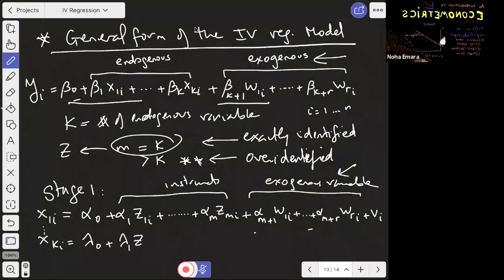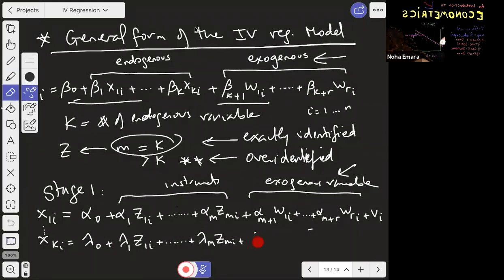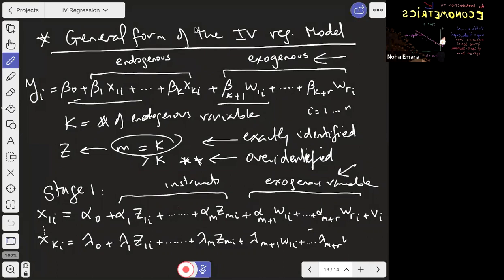Again, you're just copying and pasting everything on the right-hand side, z1i and so on, but naming the coefficients differently because you wouldn't expect them to be the same. Plus lambda m plus 1 w1i, up to lambda m plus r wri, plus another name for the error term, let's say epsilon i.